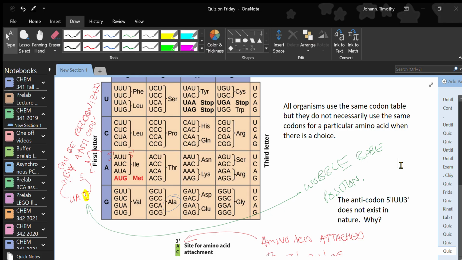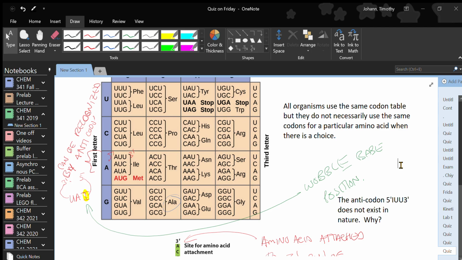Remember, these anticodons are written 5' to 3'. I just wrote that 5' to 3'. You have to flip one of them. I recommend flipping that one and then comparing it. What is I? I is inosine and it matches 3 of them, right? It's A, U, C. You don't need to memorize that.